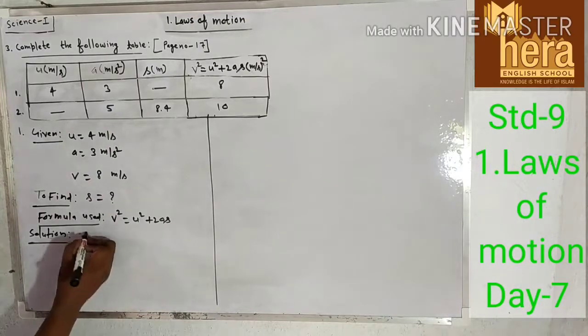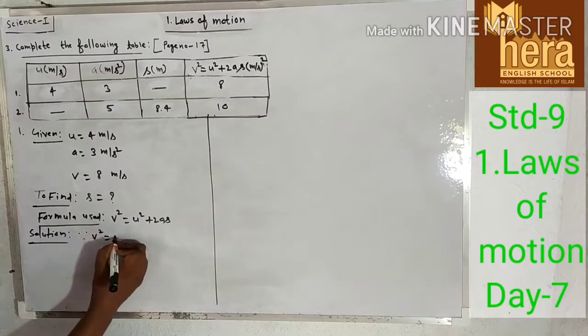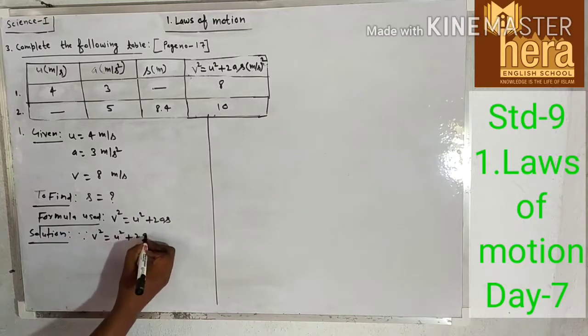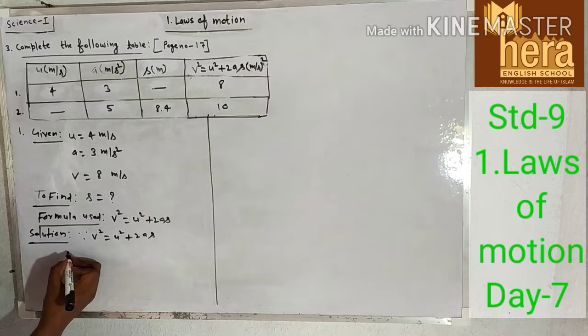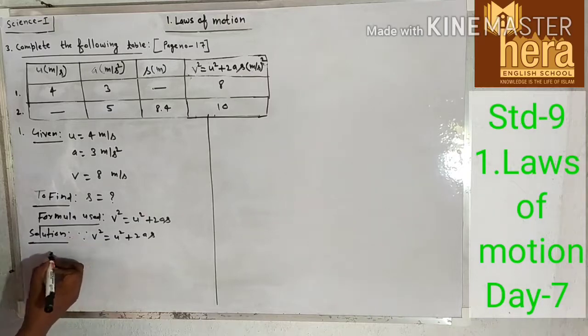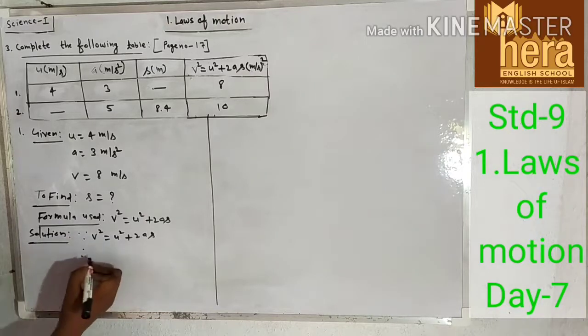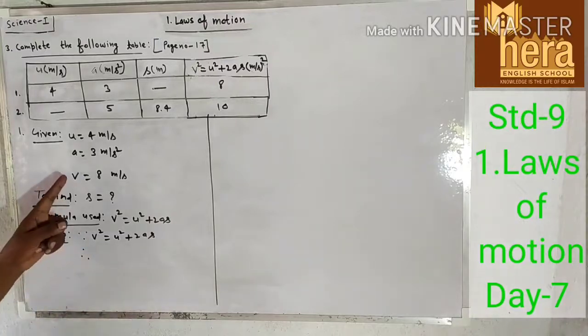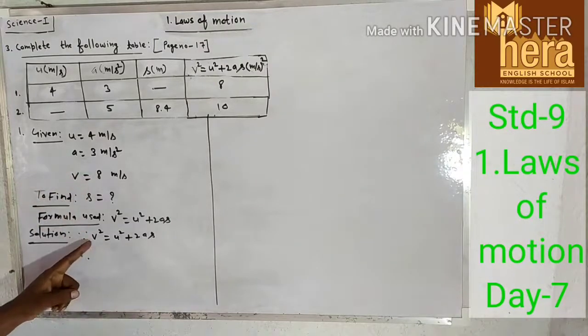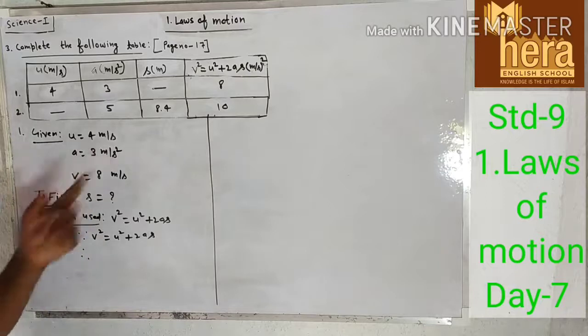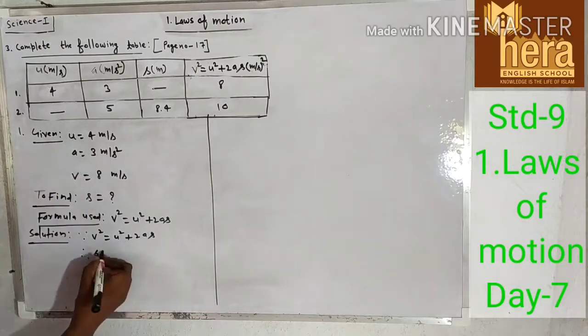Solution: since V square is equal to U square plus 2AS, therefore V square, that is V is equal to 8, then 8 square is 64.